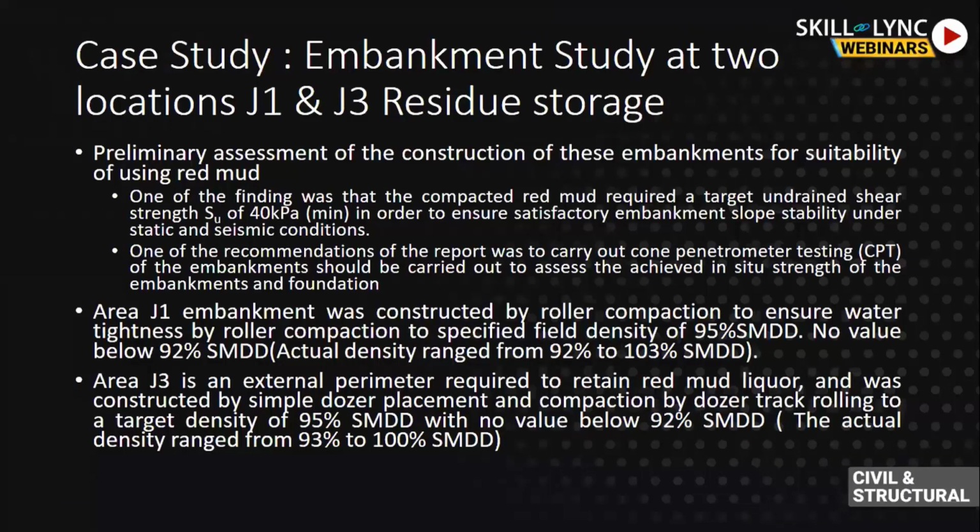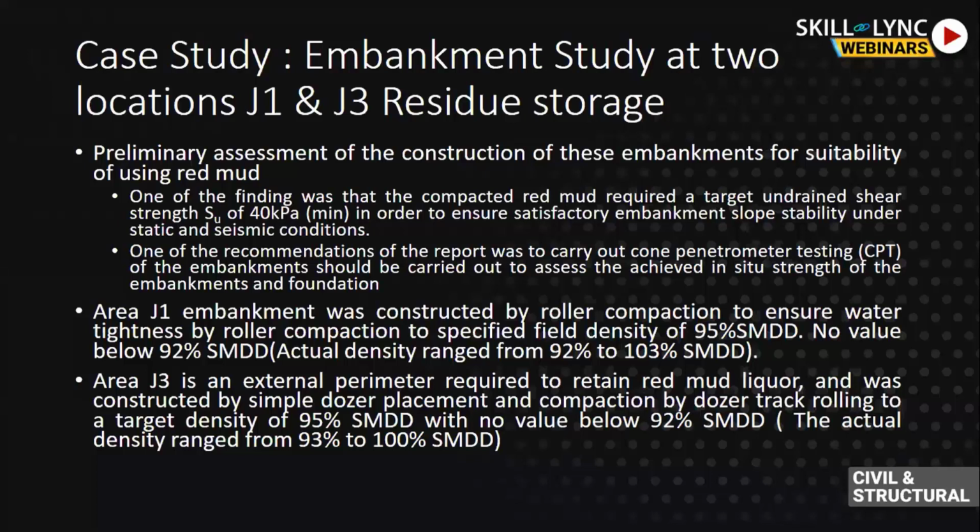These kinds of practical problems often have to be dealt with by geotechnical engineering experts in the field, wherein something has been constructed and you need to understand it and give solutions if there is any problem.